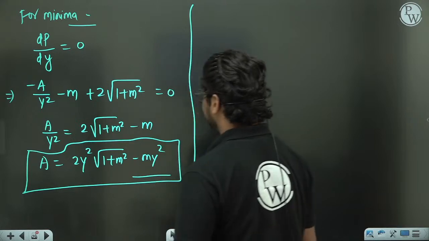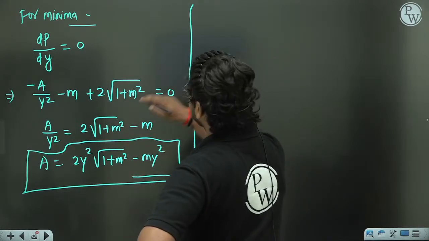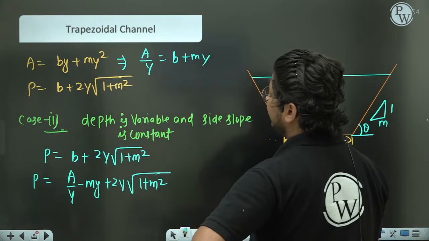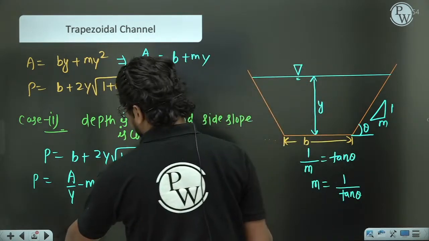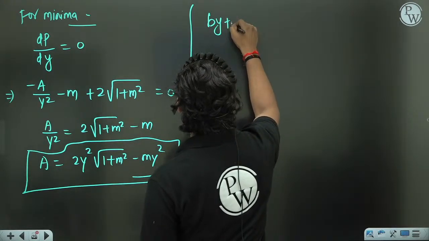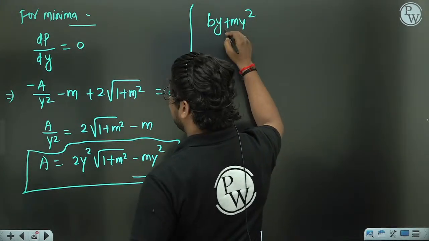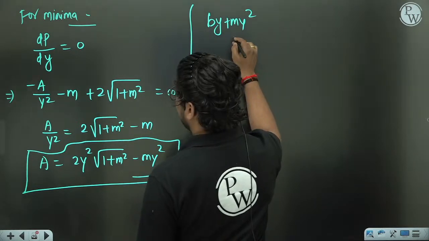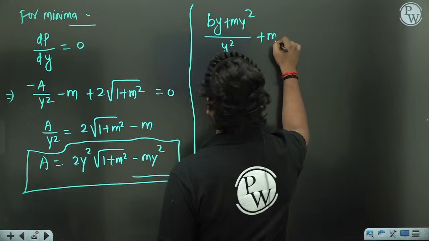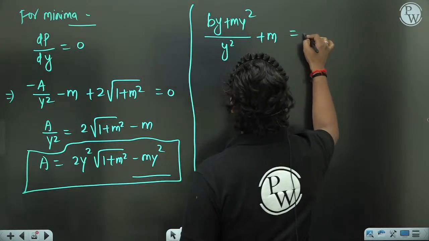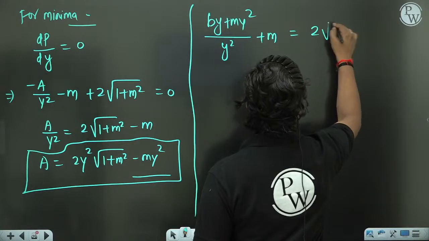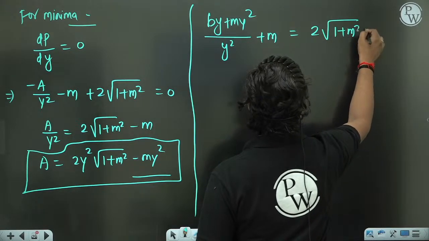Now look at here, my dear. Area formula already we have, na? Area is nothing but (b plus my) y. Put it here. (b plus my)y divided by y square plus m is equal to 2 root under 1 plus m square.